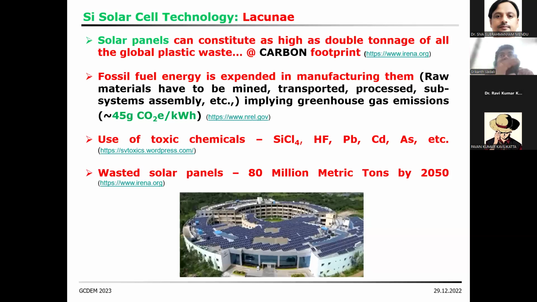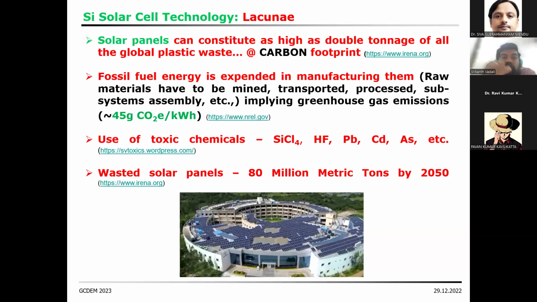What it means in layman's terms is that it is more dangerous than plastic waste. We are already suffering from plastic waste, but on one hand we are saying solar energy is green, solar energy is clean, solar energy is renewable. But in fact, if you consider the whole life cycle, it is more detrimental to the environment than we presume. Consider the fossil fuel energy used in manufacturing them.